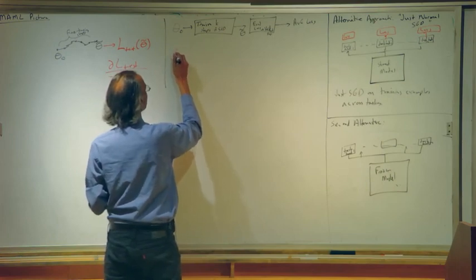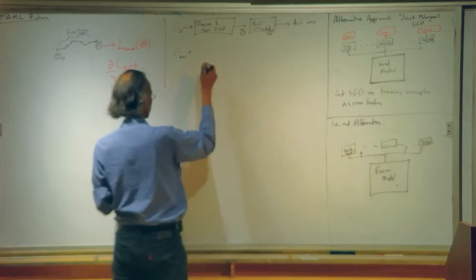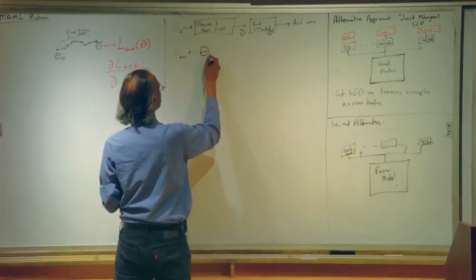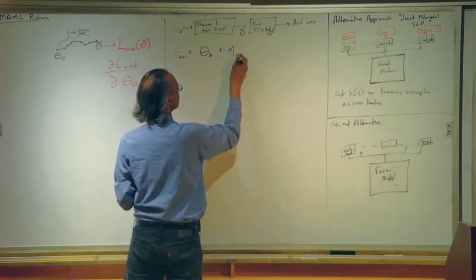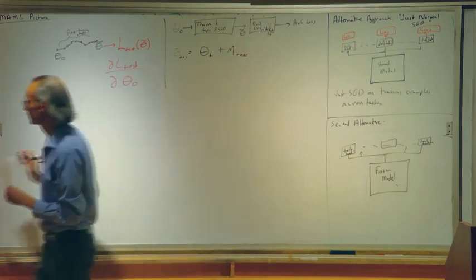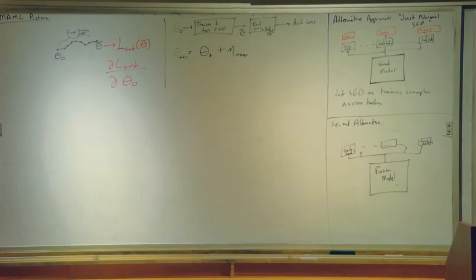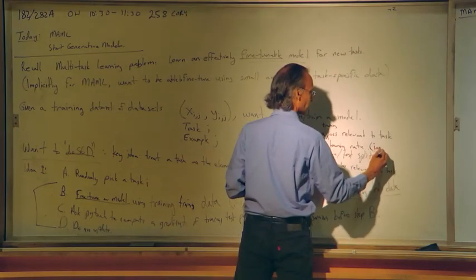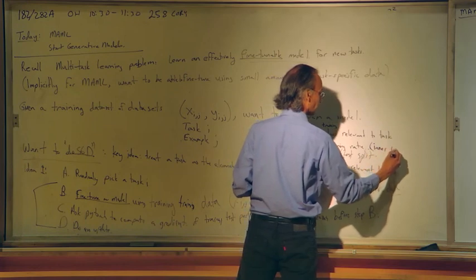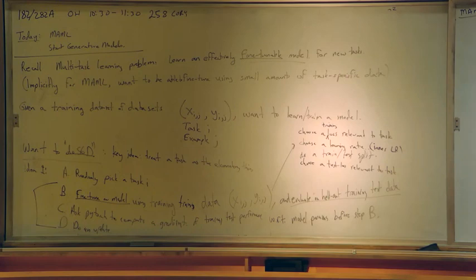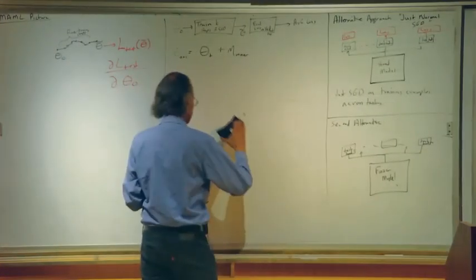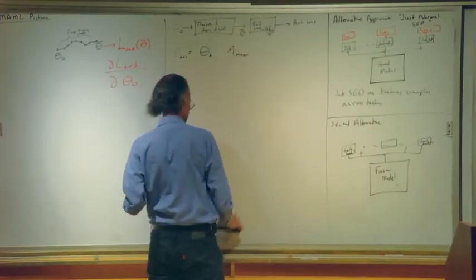It's theta t plus 1 equals theta t minus eta inner, where eta inner is the inner learning rate. I use gradient descent, so I can do minus.